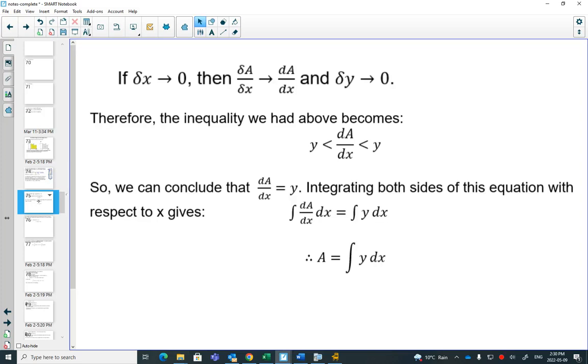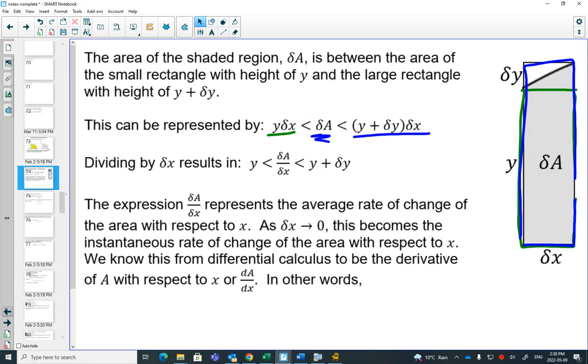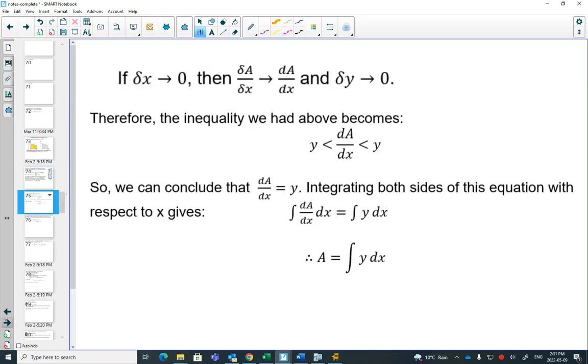Before, we had a plus dy here, because that's a little bit at the top, and we had dA divided by dx, those are actual values, really small. But if you make them go to 0, then dy would go to 0. So the right-hand side would just become y. And the middle section would just become the derivative.